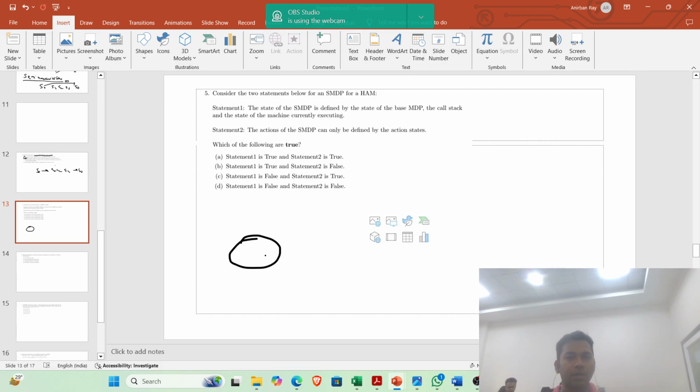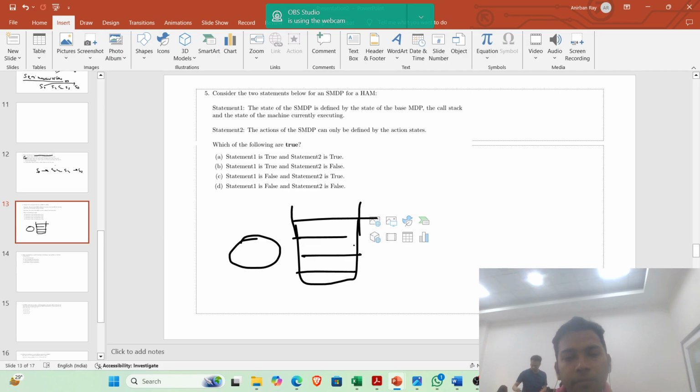What is happening there? The call stack, the calls that will be taken one after another for each of these sub blocks, the smaller machines, is important.